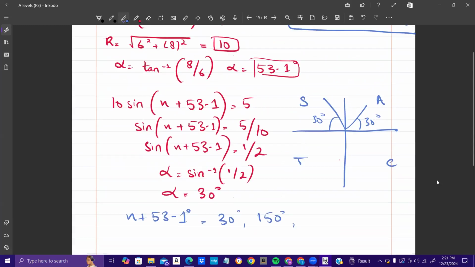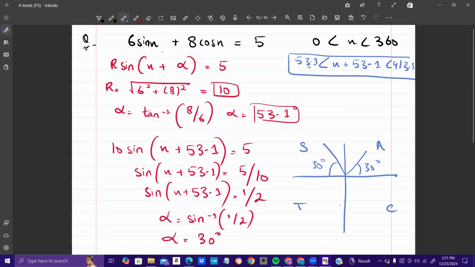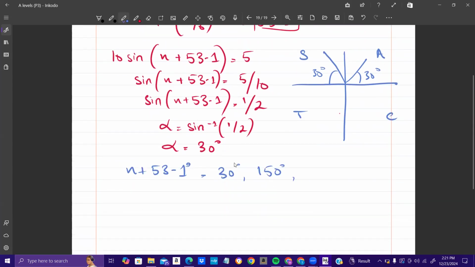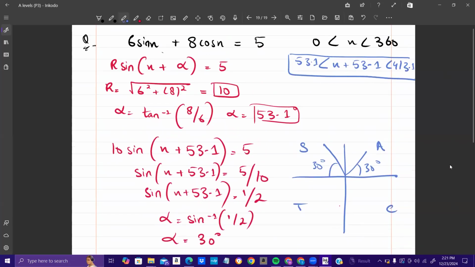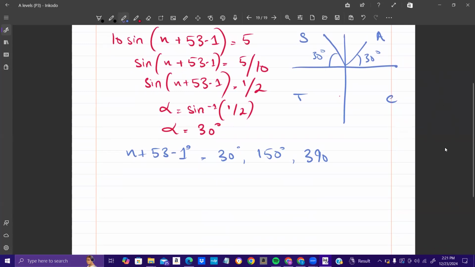But since the range is from 53.1 till 413.1, we'll also add 360 to 30. 30 plus 360 is 390. But if we add 360 to 150, it gives us a value which is greater than this range, which is outside of this range.